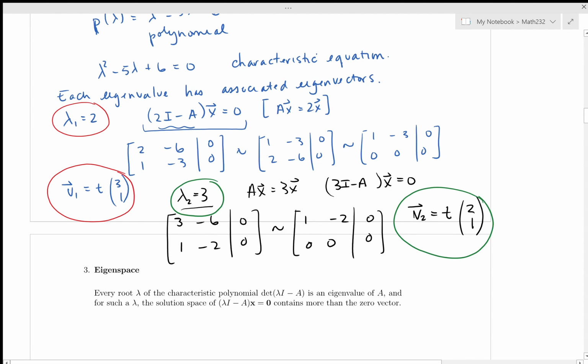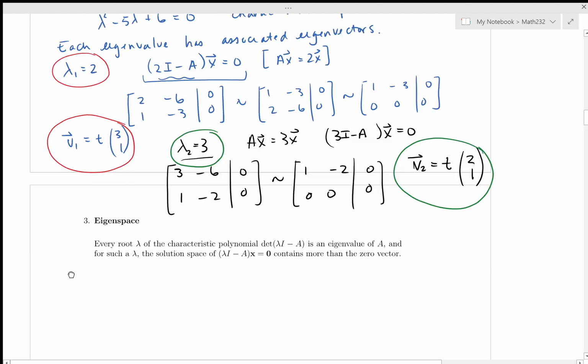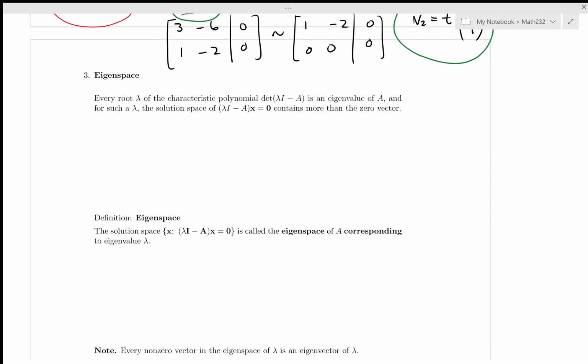Next, we have the idea of an eigenspace. Okay, we just saw that the roots of the characteristic polynomial are eigenvalues of A, and for each eigenvalue we have eigenvectors, and those eigenvectors are the solution space of this system of linear equations here, and they contain more than just the zero vector.